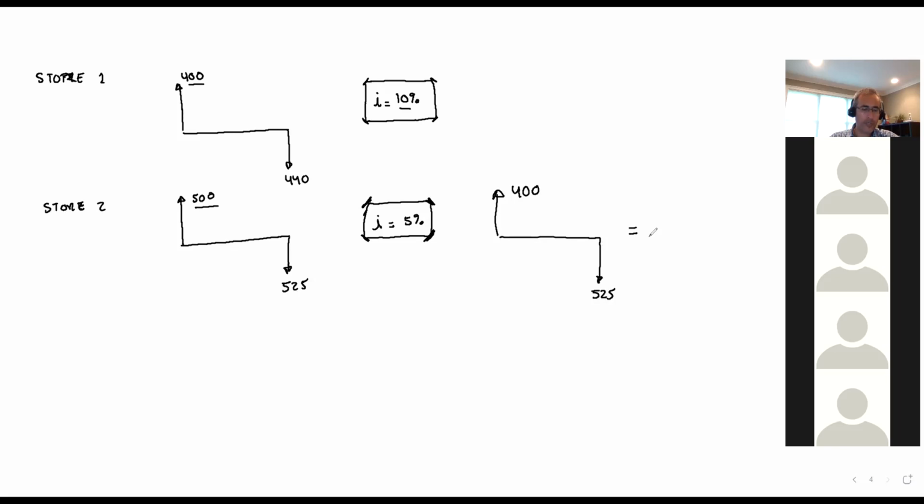So what do you get here? 125 divided by 400 is 31.25%. So this is the real interest rate that you're paying here, guys.